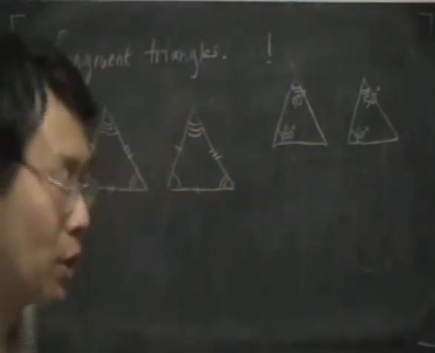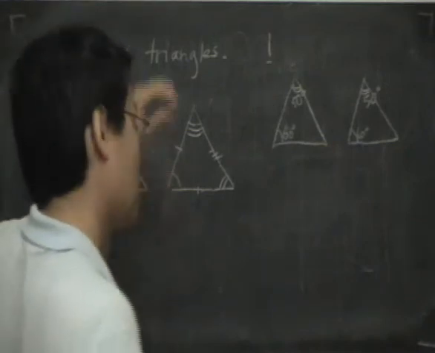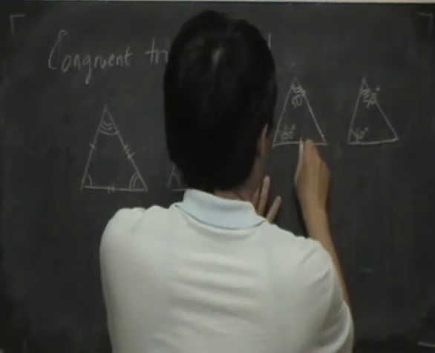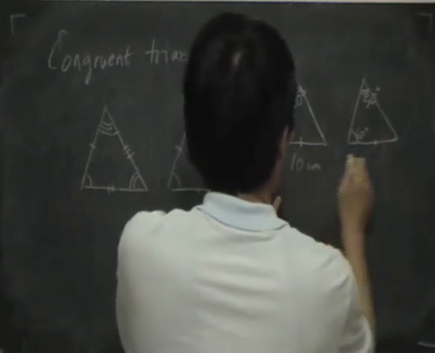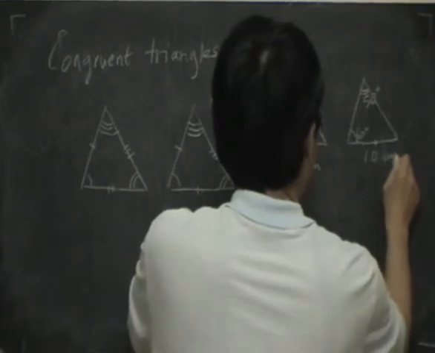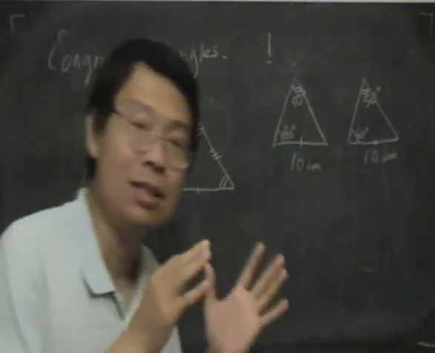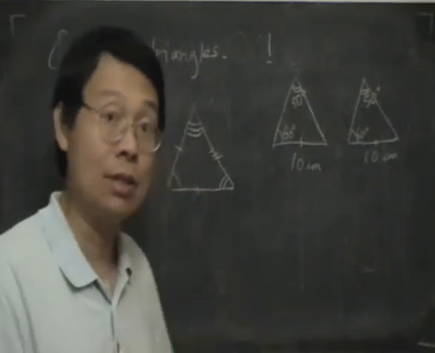Okay, suppose that we have this information, and then suppose that we are given that these 2 sides are equal. So let's say it's 10 centimeters. Okay, and suppose that this is all the information that we have.